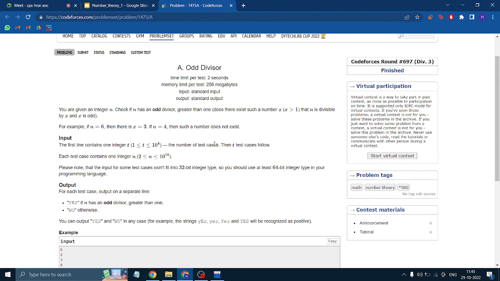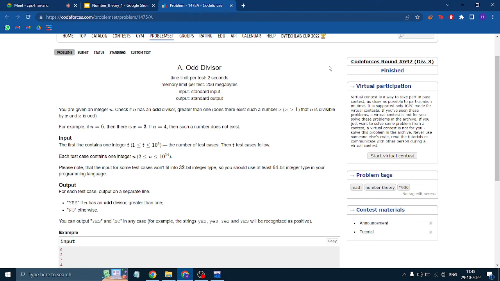So here we try to take all the prime factors of the number n. Suppose the number is 8, we have the vector as 2, 2, 2. Suppose the number is 10, we have the vector as 2, 5. So what we know is in the prime factors vector, there will be either 2 or an odd number, right?